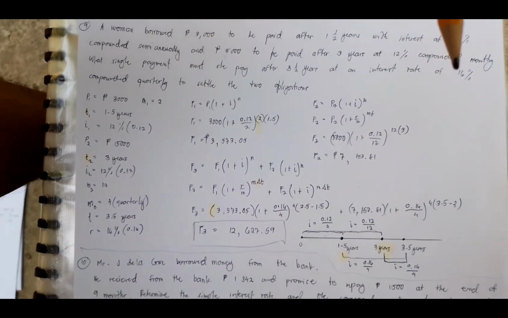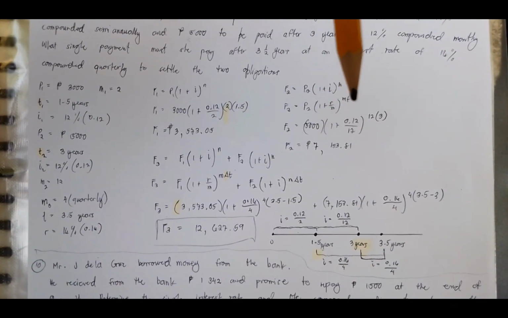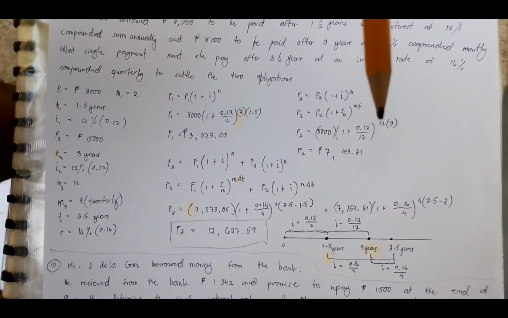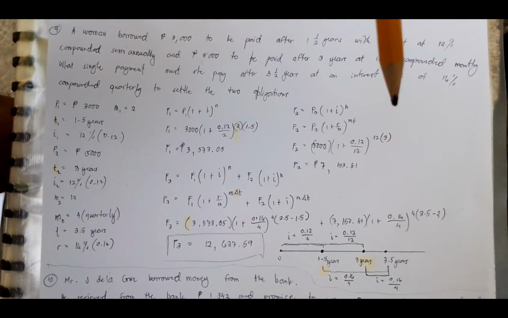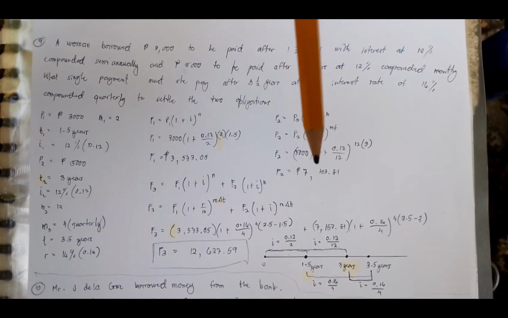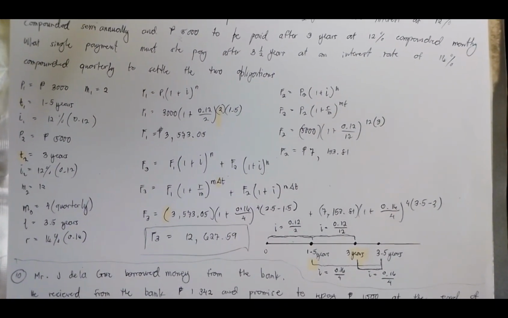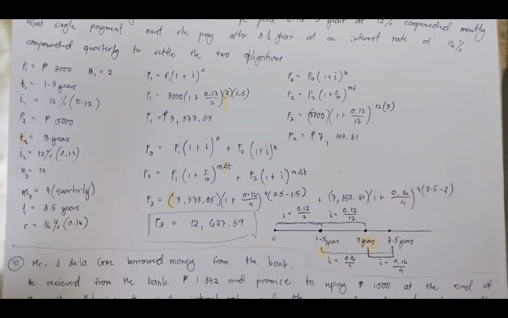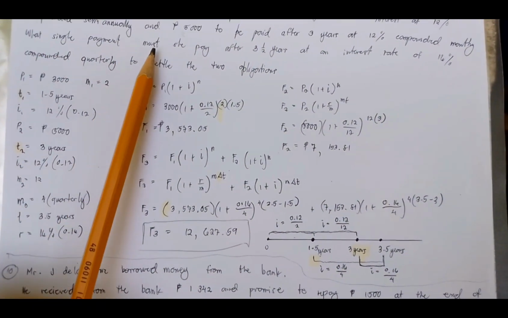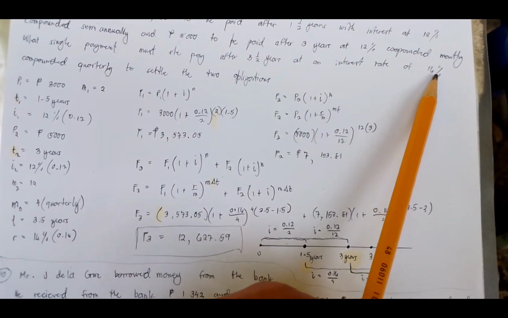So 5,000 times the quantity of 1 plus 0.12 all over 12, raised to 12 times 3, since 3 years time. That would equal 7,153.81.